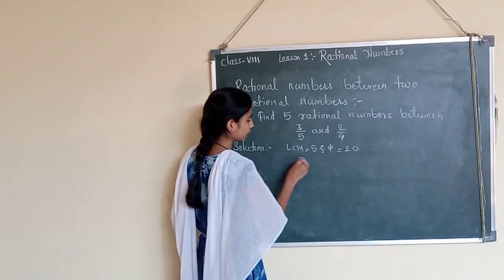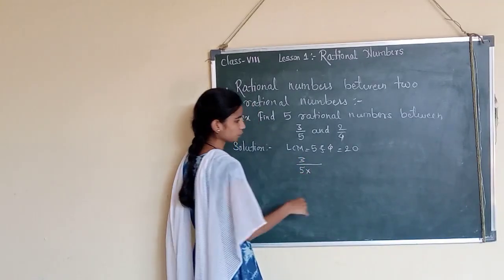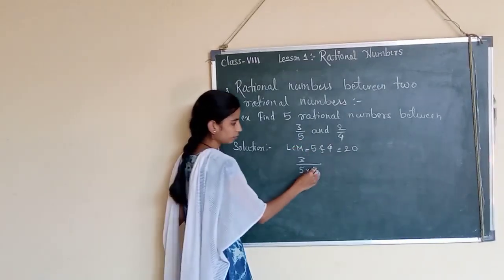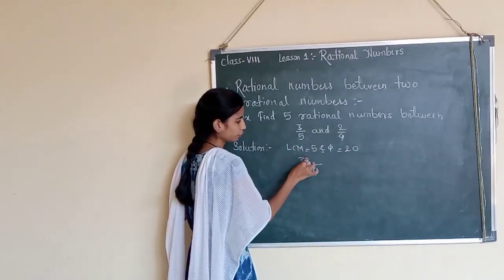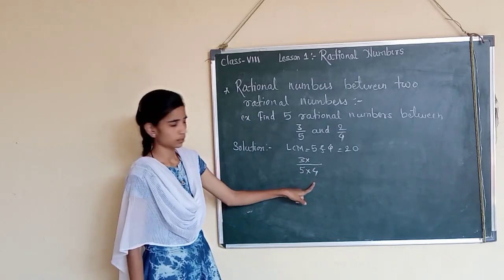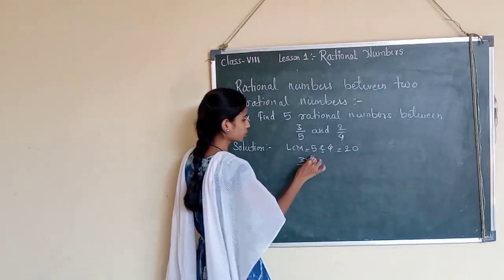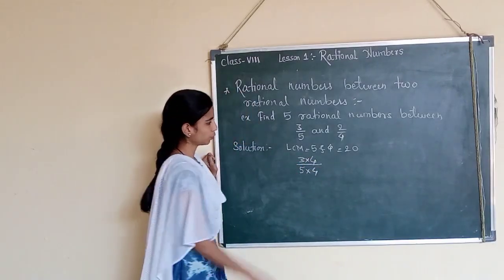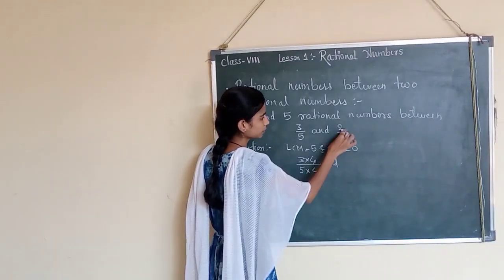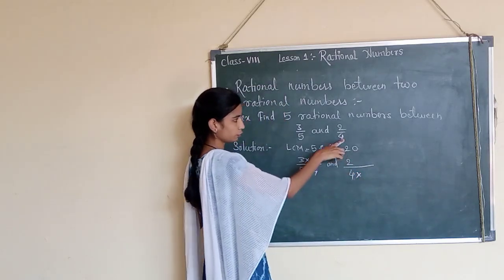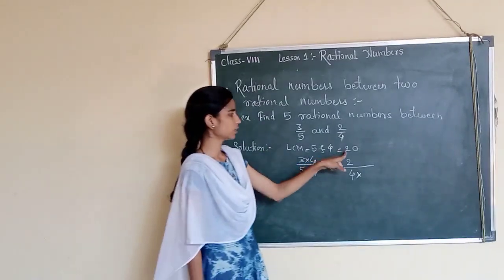By multiplying a number to the numerator and denominator, we can make them the same. So here I will take 3 by 5 into, as we know, the LCM is 20 and here it is 5, so we need to multiply by 4. If we multiply the denominator, then obviously we need to multiply the numerator also, so 3 into 4. And here 2 by 4 into 5, because only then we will get 20.